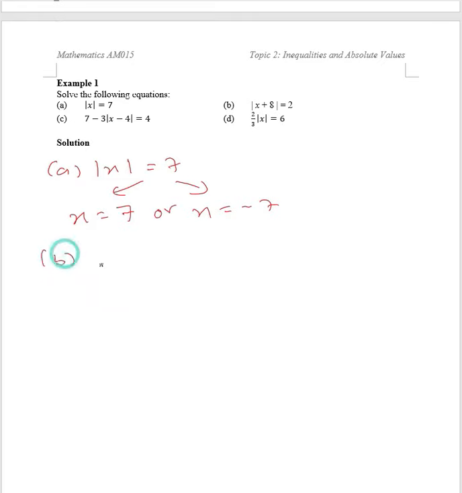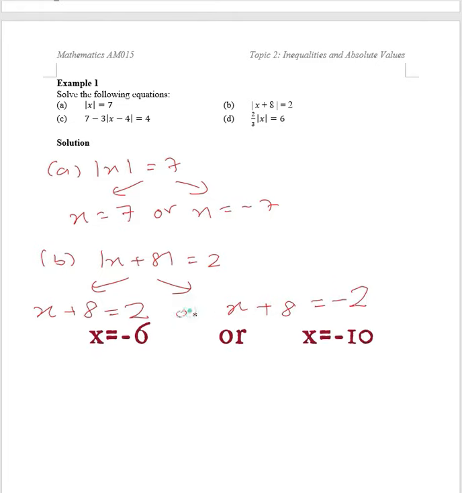Question B is also the same thing: copy the left hand side and the right hand side, but in the other equation we change the right hand side and write a negative in front of it.